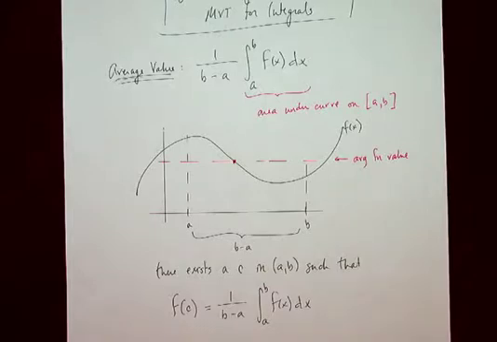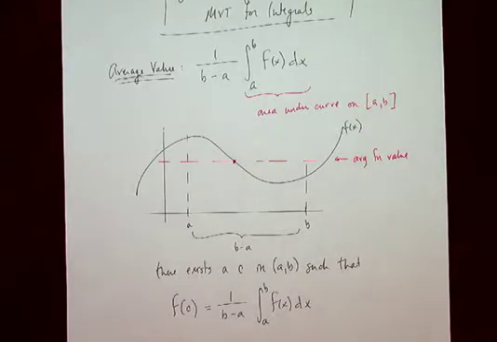Just like when you did the mean value theorem for derivatives, which guaranteed that there was at least one place inside the interval such that the instantaneous rate of change was equal to the average rate of change.